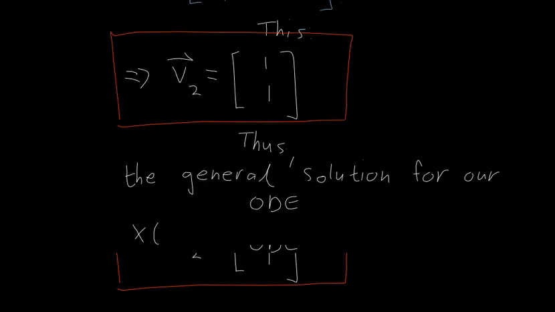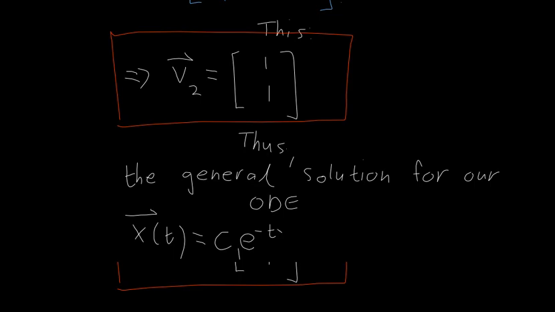It's x as a function of t, where x is a column vector as a function of t, and t is a parameter. It is equal to c1, an arbitrary constant, times e to the power of t, because lambda 1 is positive 1, sorry.